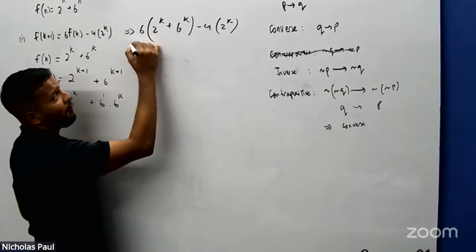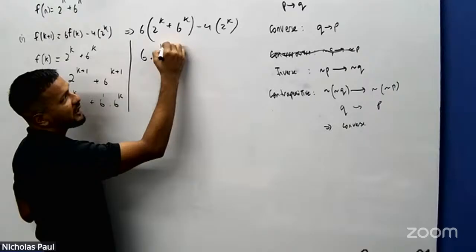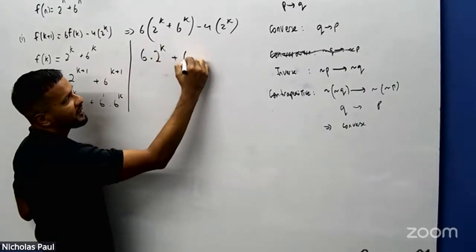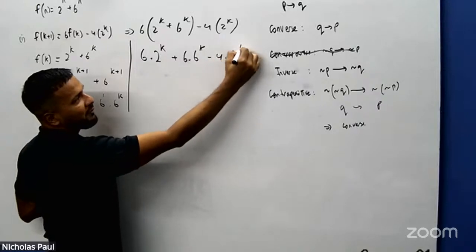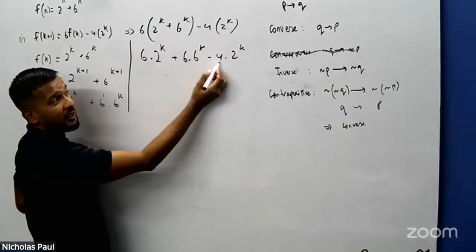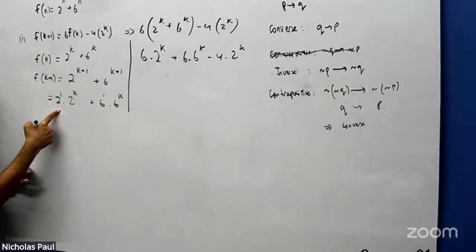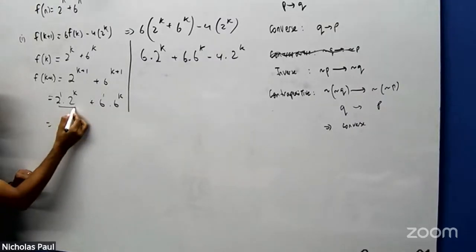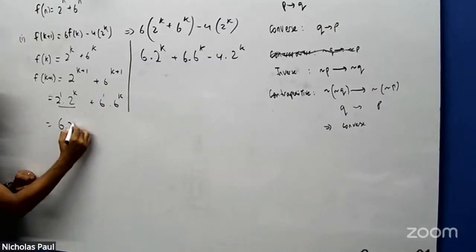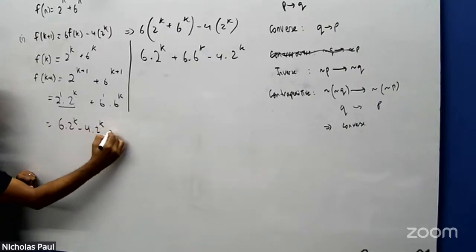So if you multiply this again, 6 times 2 to the k plus 6 times 6 to the k minus 4 times 2 to the k. 6 minus 4 is how much? 2. So instead of writing 2 times 2 to the k, all we have to write is 6 times 2 to the k minus 4 times 2 to the k.